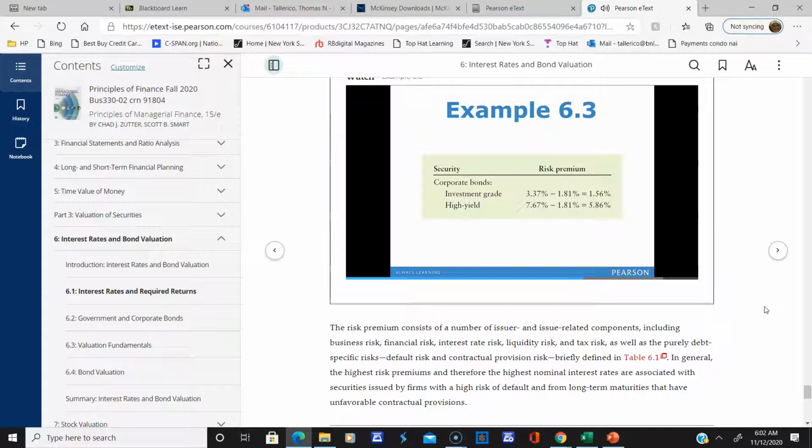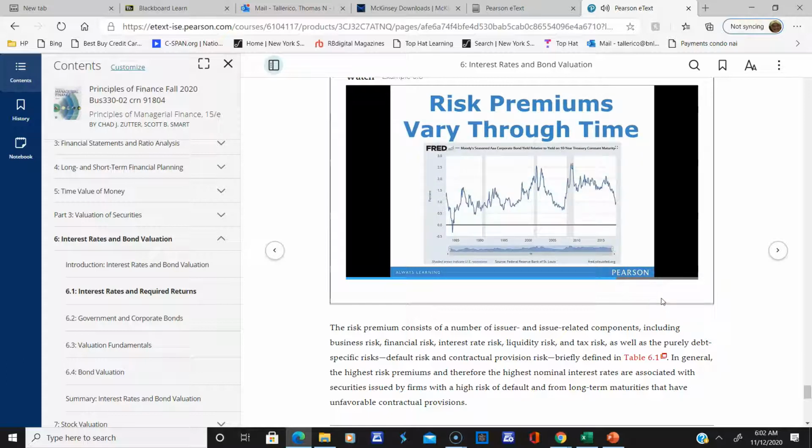So in May of 2017, we can say that the risk premium on investment-grade bonds was 1.56%, and the high-yield bonds, also known as junk bonds, were paying a risk premium of 5.86%. Risk premiums vary through time. For example, during a recession, investors may view corporate bonds as being riskier than they are in boom times, so risk premiums on corporate bonds may rise.